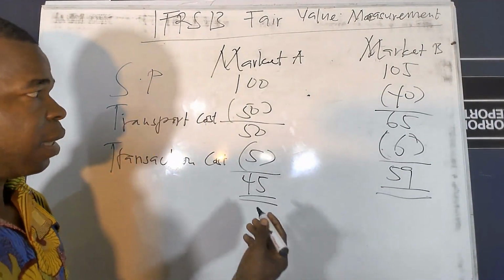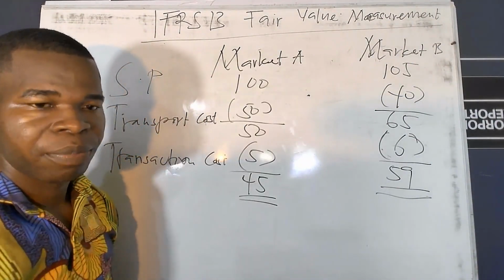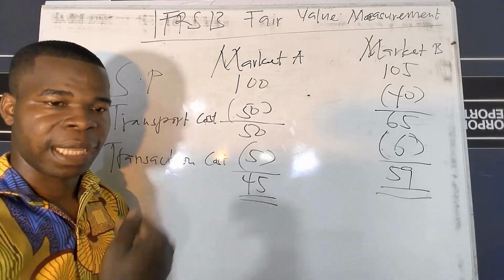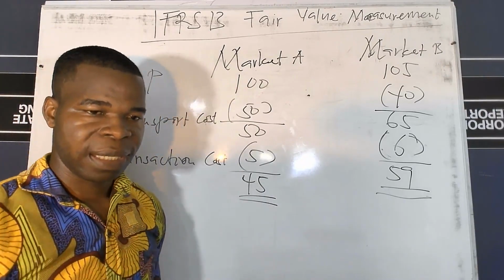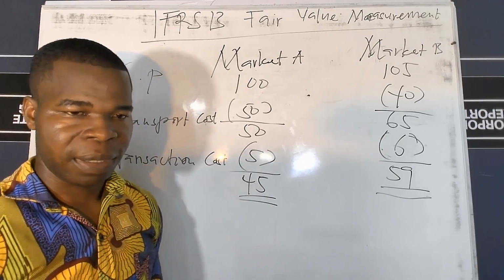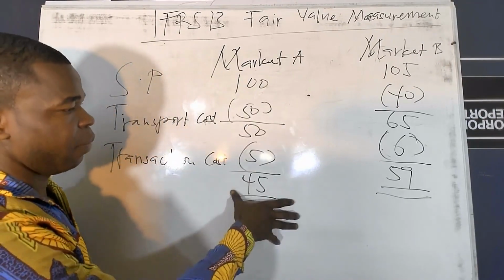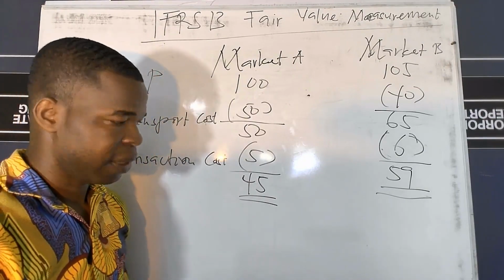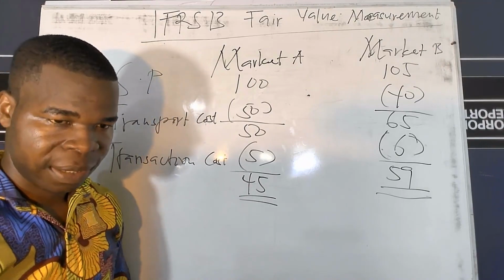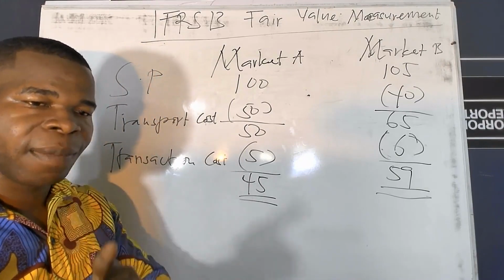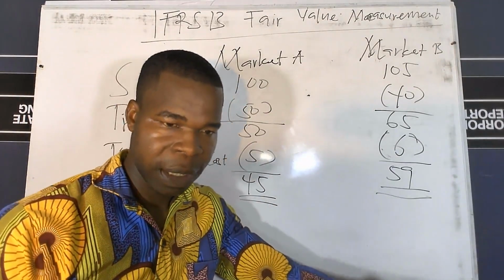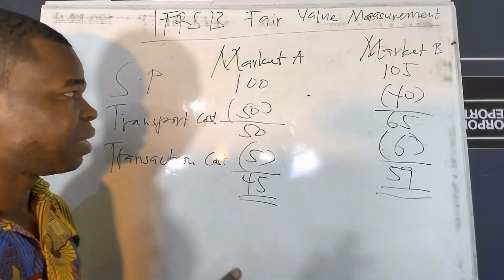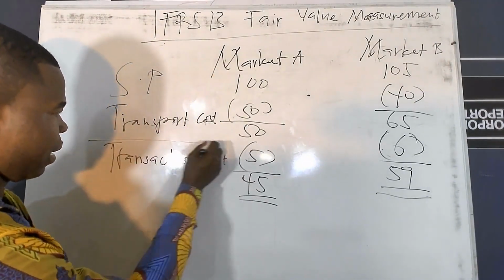Now, assuming that market A is the principal market, the market that the entity regularly transacts its assets and liabilities in, and the question asks that we determine the fair value of the asset. Anytime we are determining the fair value of an asset or a liability, we don't consider the transaction cost.